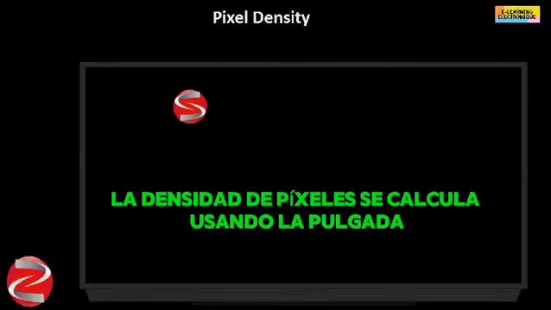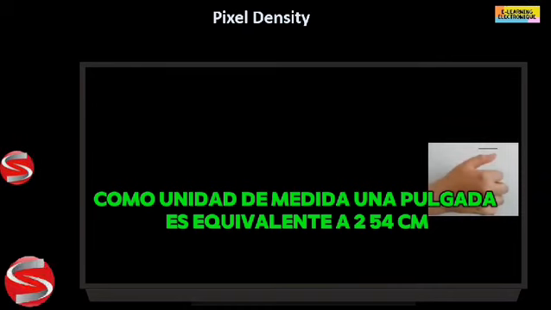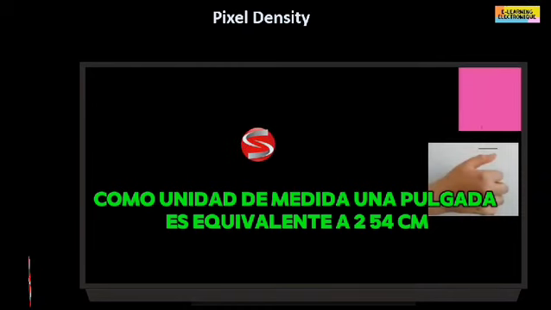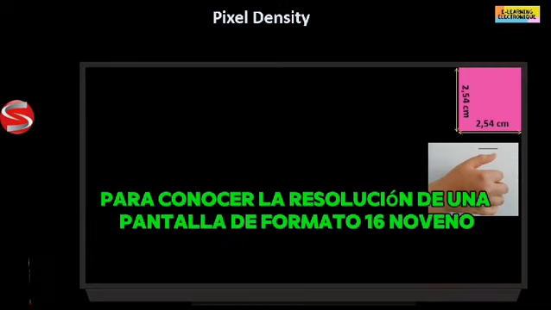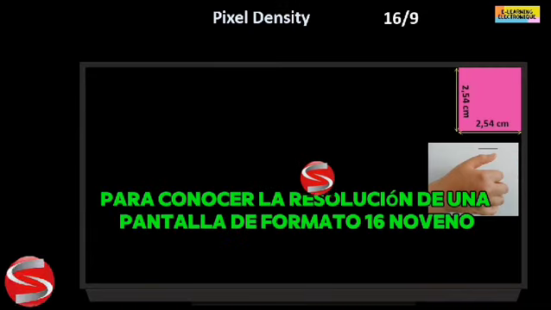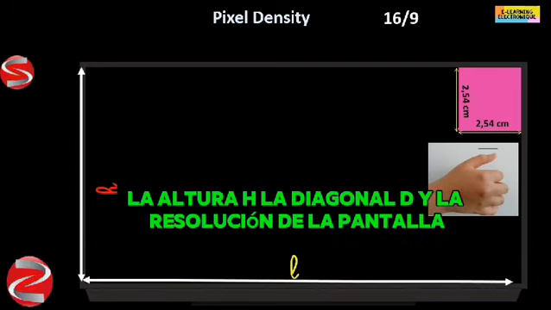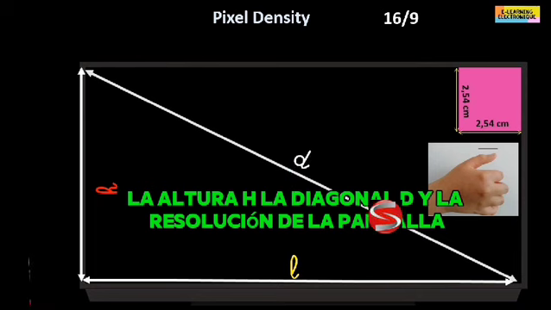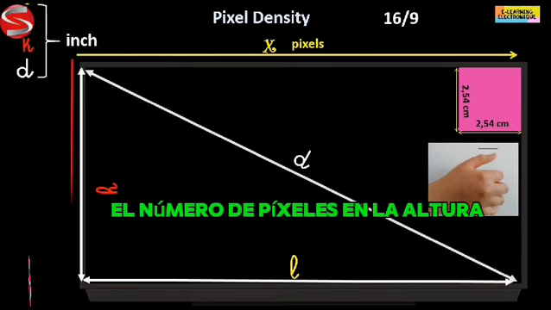The pixel density is calculated using the inch as unit of measurement. An inch is equivalent to 2.54 centimeters, which is the average length of the second phalanx of the thumb. To know the resolution of a 16:9 format screen, you need to know the width of the screen, L, the height, H, the diagonal, D, and the display resolution, X pixels across the width, and Y the number of pixels on the height.